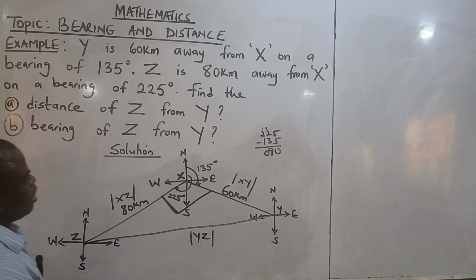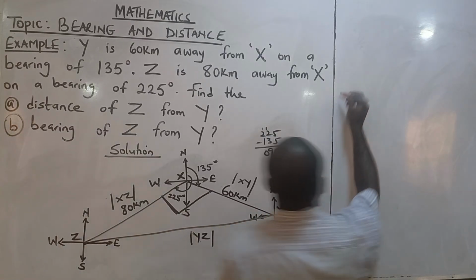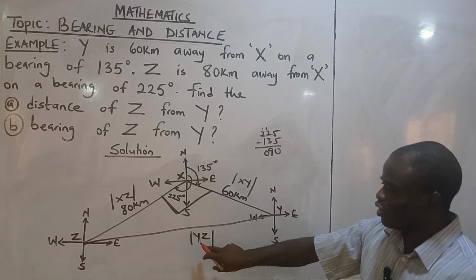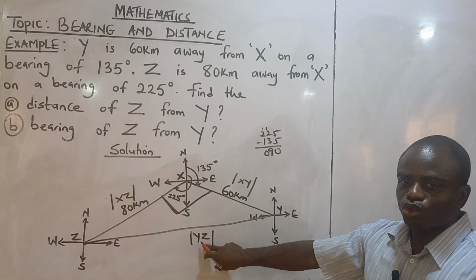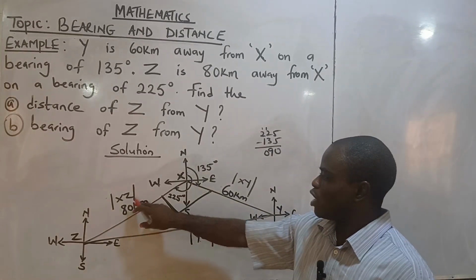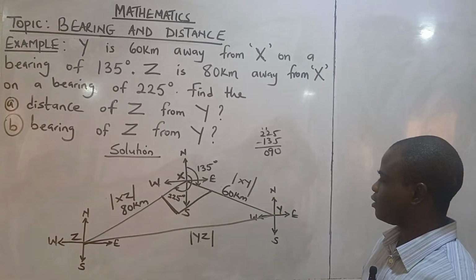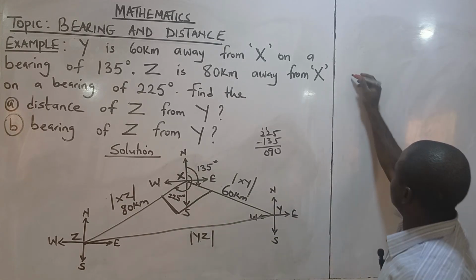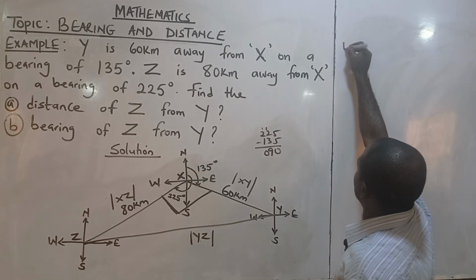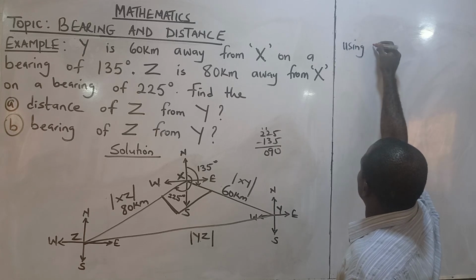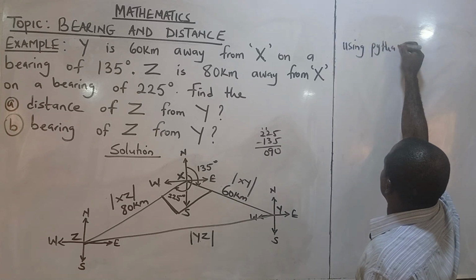Pythagoras theorem says the square of the longest line equals the addition of the squares of the other two lines.